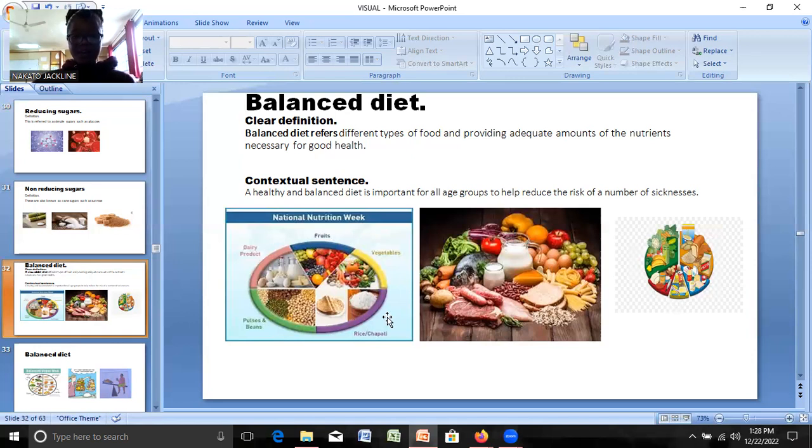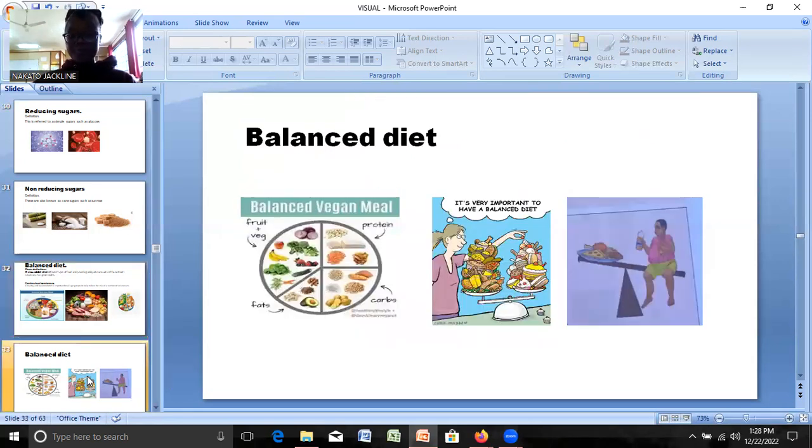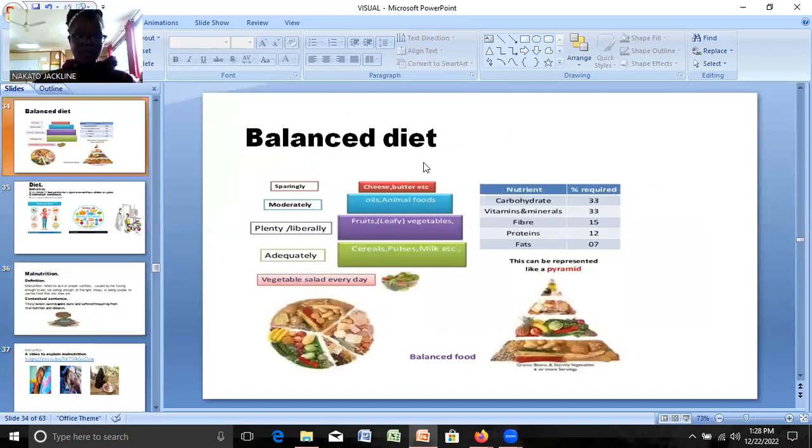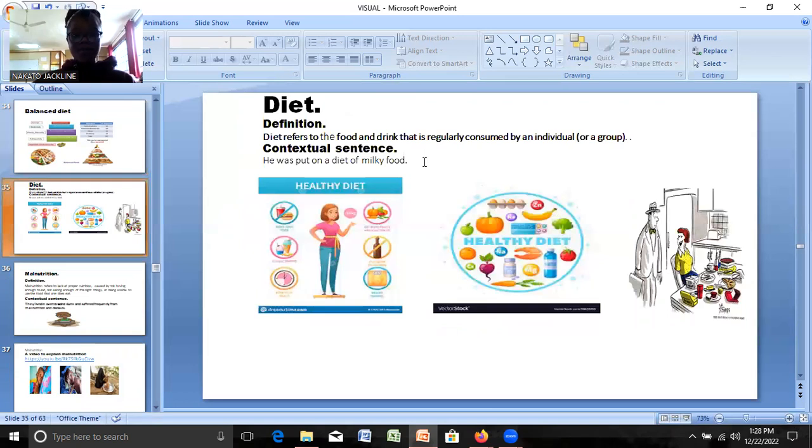So they have different percentages in a way that are required in our bodies. Then the other thing is, again, about the balanced diet. We have different types of food we need in our bodies, especially for different categories of people. All of us need a balanced diet, but we have different categories of people who need it as we go in context.